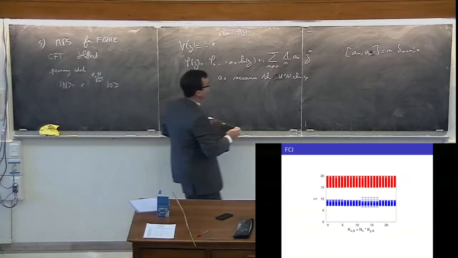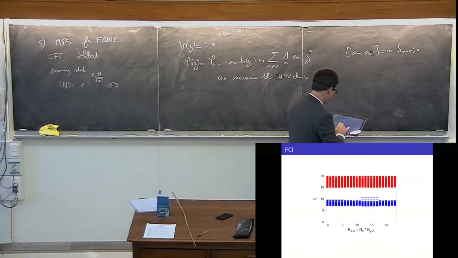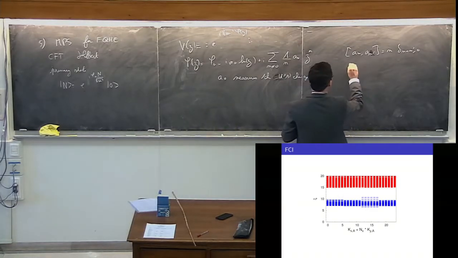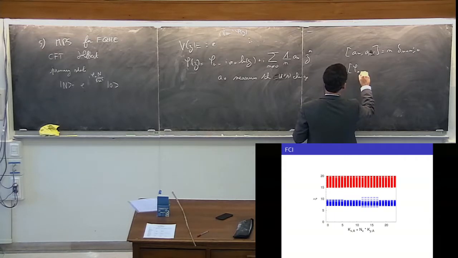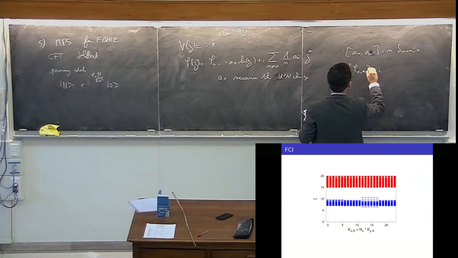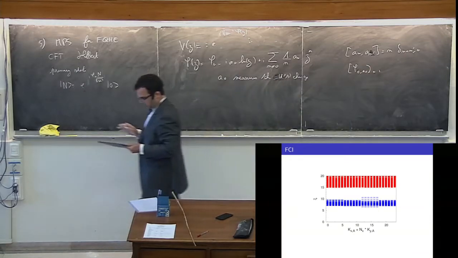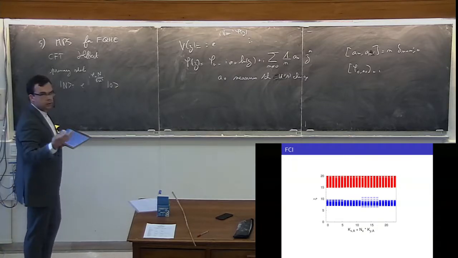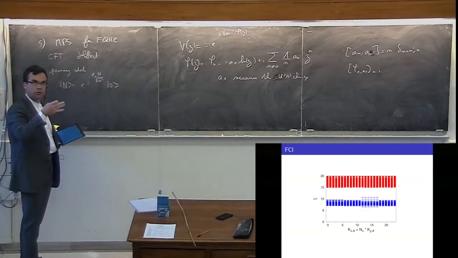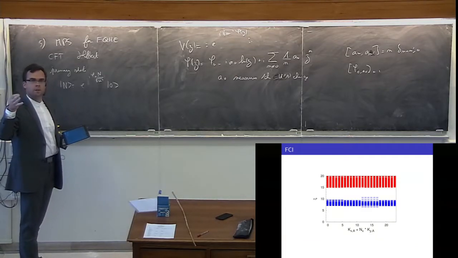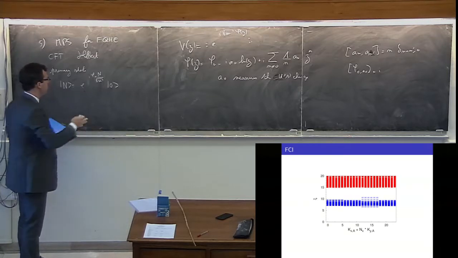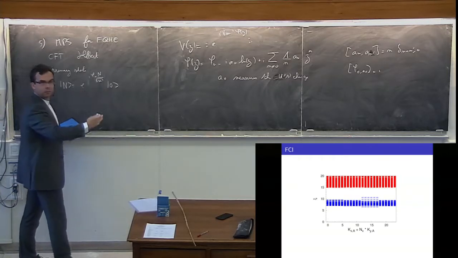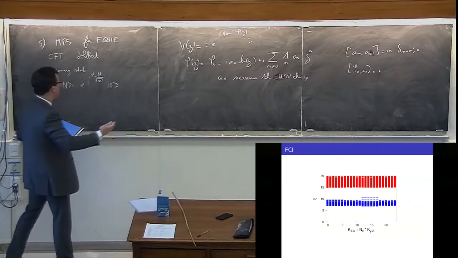Remember that, well, maybe I should also say that the commutation relation between phi_0 and a_0 is just i. So they are canonical conjugate variables, right? So it's like the momentum and the position. If you think about momentum, basically if you take the exponential of i times x, you increase the momentum by one unit. That's exactly what this operator will do, but not on the position or the momentum, but on the charge.